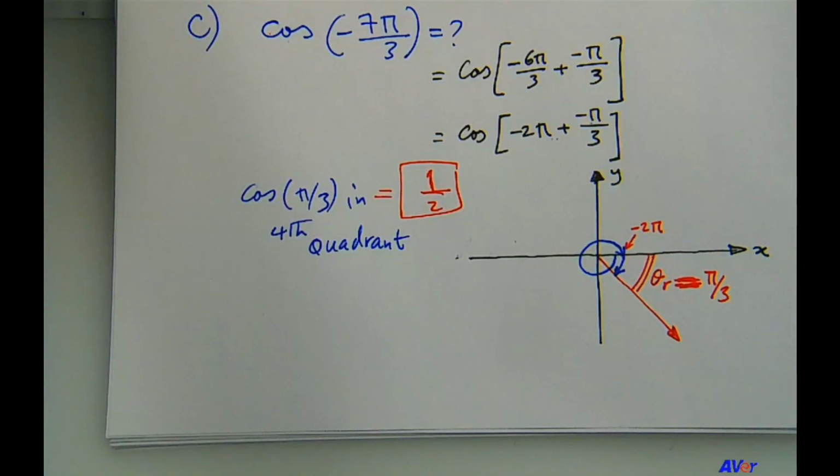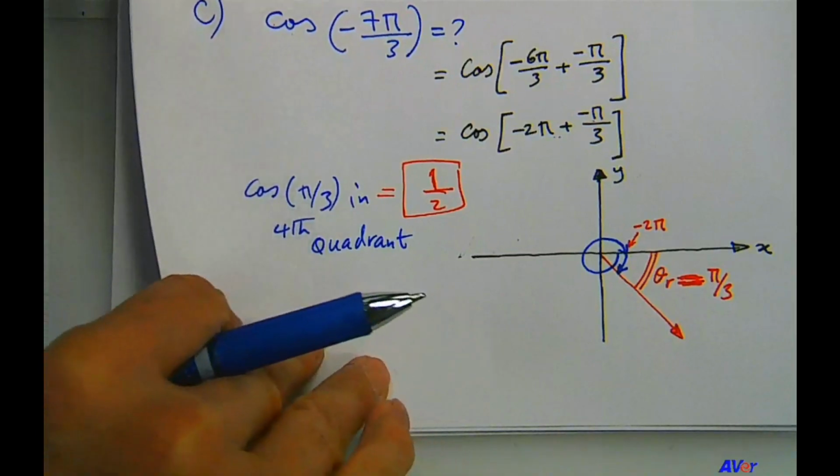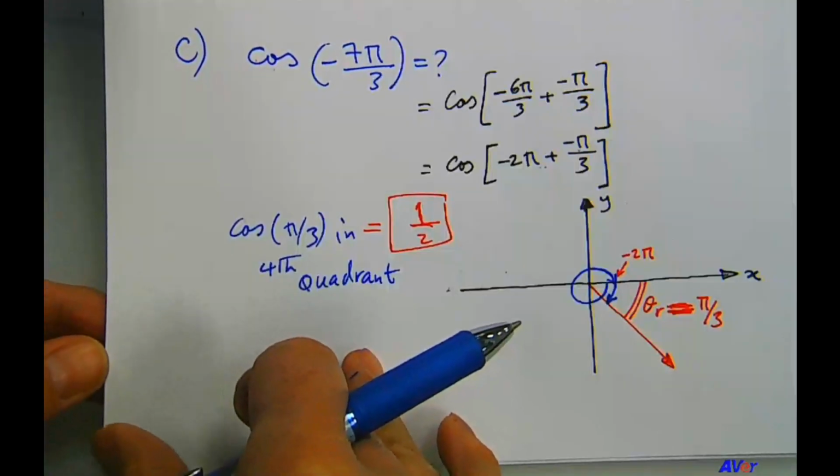Cotangent is the flip of that, which is cosine over sine. And secant is 1 over cosine of x, and cosecant is 1 over sine of x. In addition to these identities that we've already learned about, there are some additional identities that we need to know. So let's have a look at those.